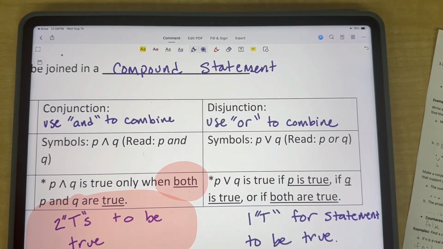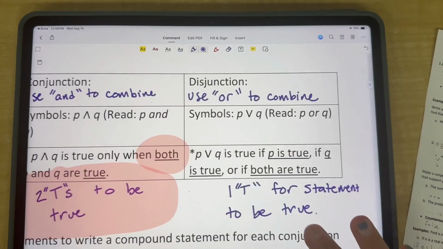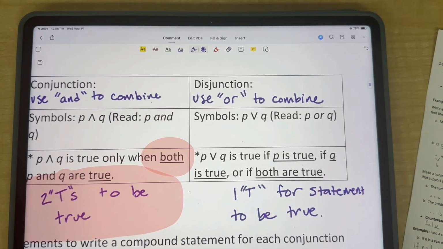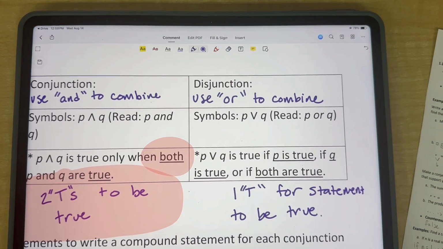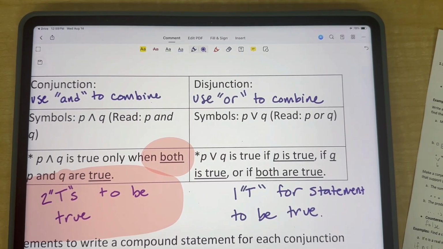So if I said P was the sky is blue and Q was the grass is maroon, is the sky blue? Yes. Or is the grass maroon? No. But since the sky is blue, P is true, then the whole statement's true.